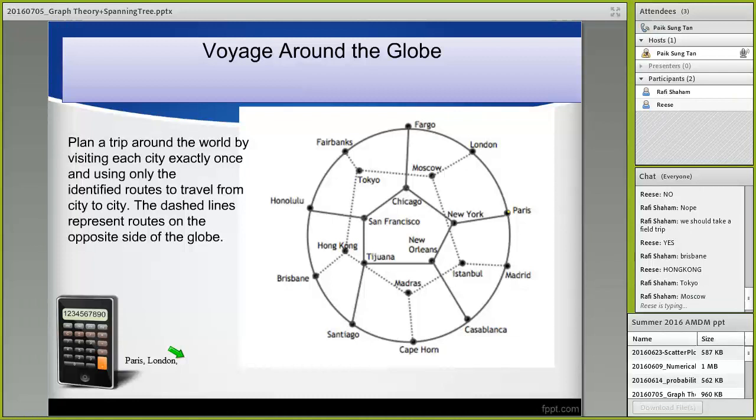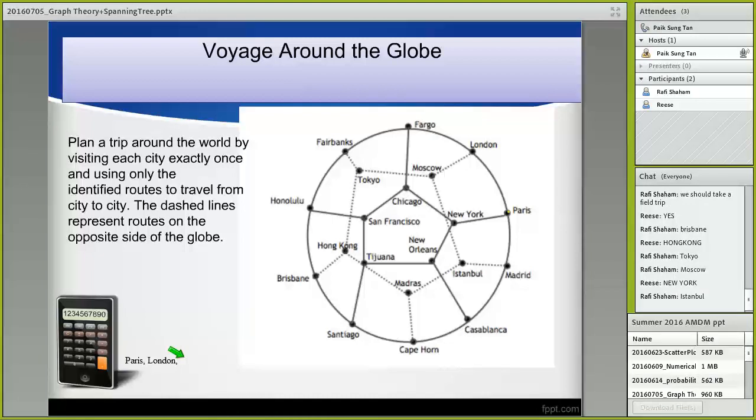Moscow, okay. Next, you can go to, well, we've been to London, so there's only one choice, Istanbul. No, you cannot go to New York. No, Moscow doesn't have a path to New York. Look carefully.